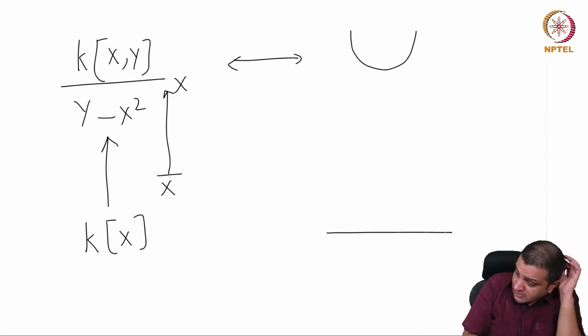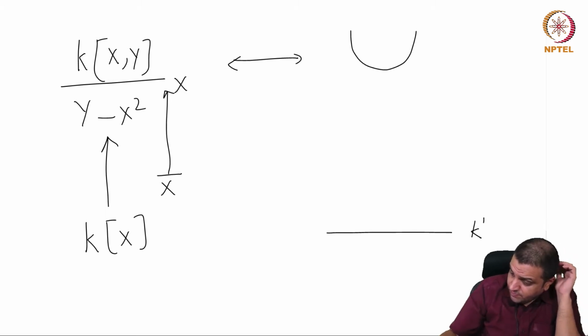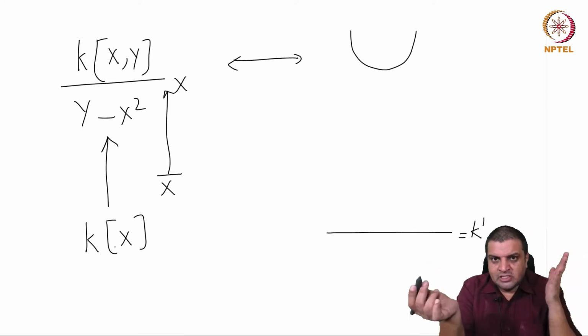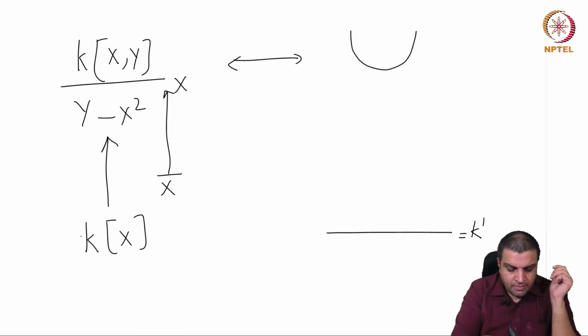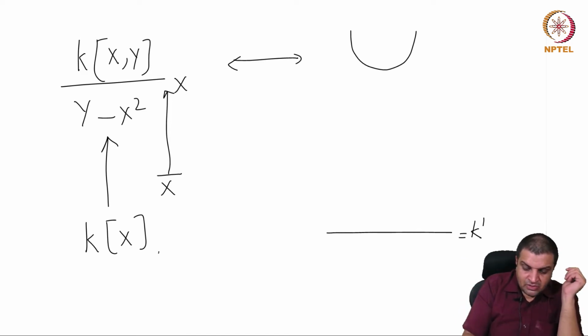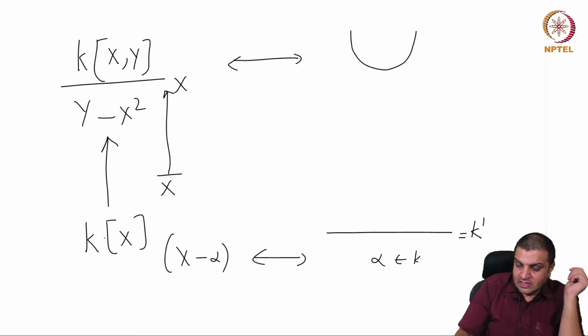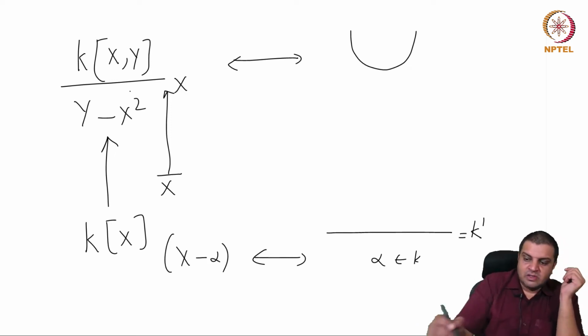We can think of it as k itself, because when we draw pictures we are thinking about the maximal ideals, and the max spec of this is of the form x minus alpha, which corresponds to the point alpha inside K^1.